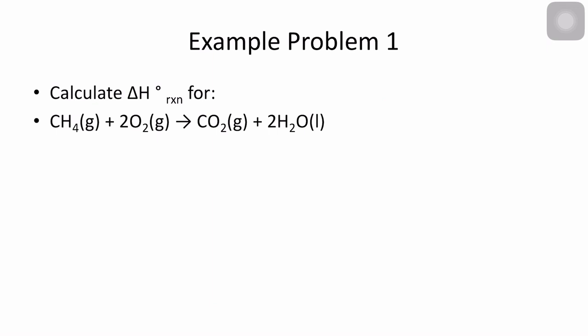Calculate the standard enthalpy of reaction for CH4, methane gas, plus 2 moles of oxygen gas, which produces 1 mole of carbon dioxide and 2 moles of water. If you take a look, it's balanced: oxygen is 4, 2 plus 2, H is 4, so it's balanced.